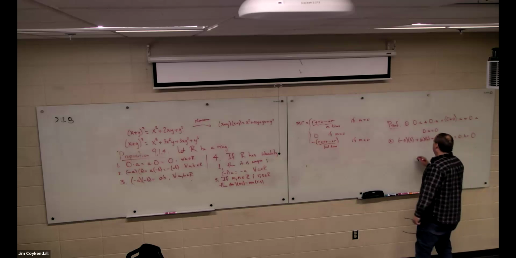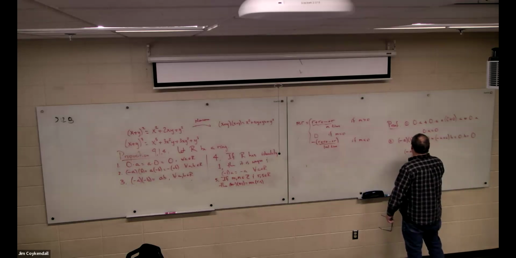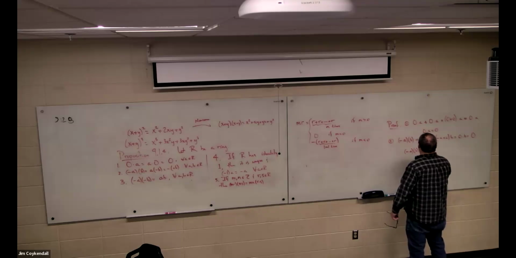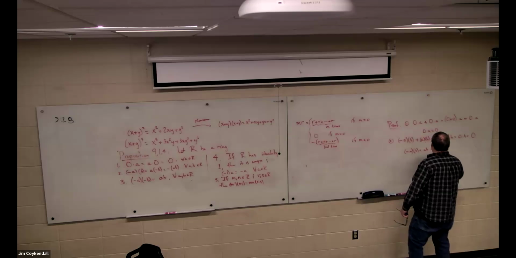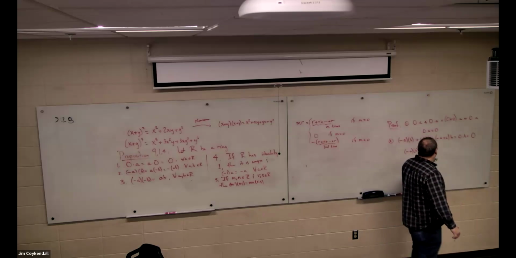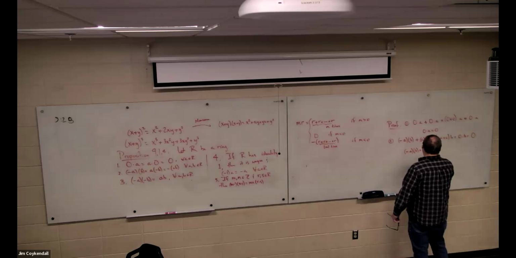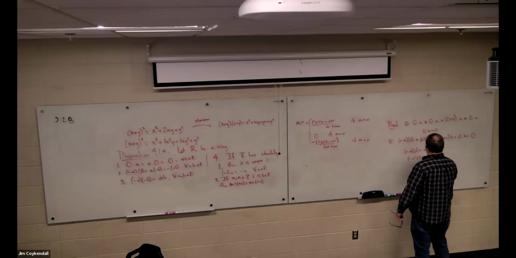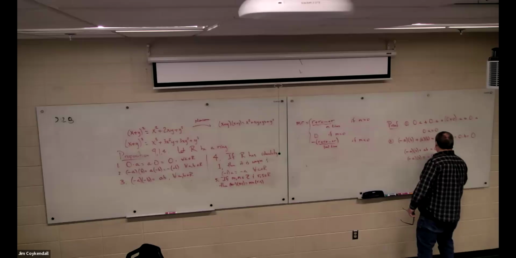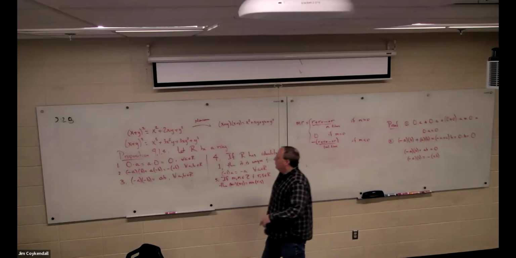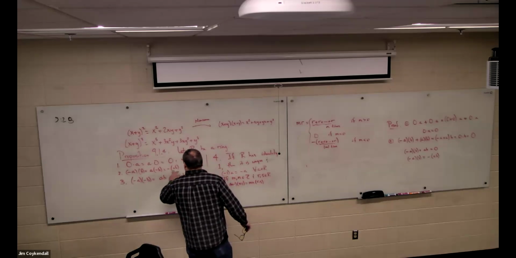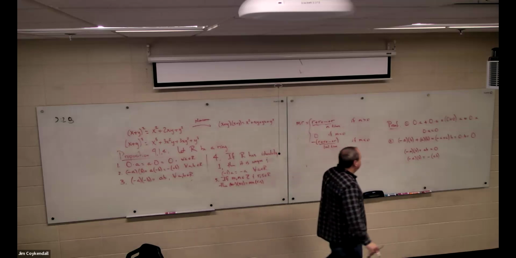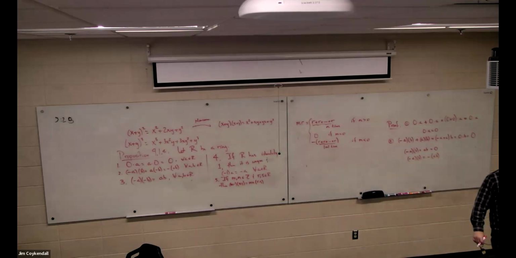So what does this give me? This gives me negative A times B plus A times B is 0. Now move this over to the other side. In other words, add the additive inverse of AB to this, making negative A times B equal to negative AB. So that shows this is equal to this. The proof that this equals this is almost the same. Am I okay so far?